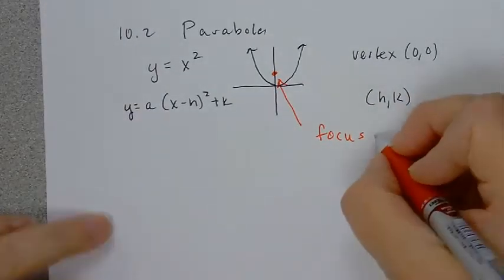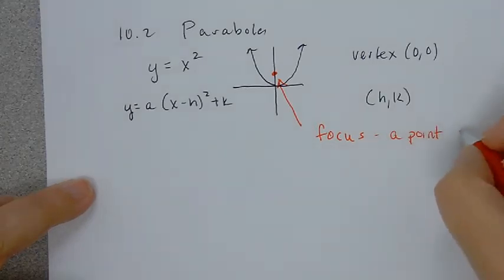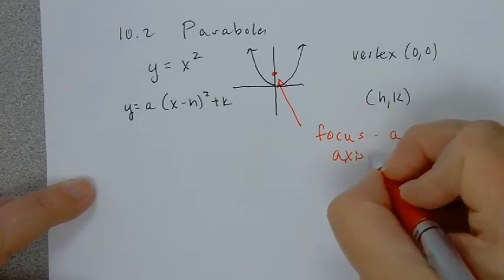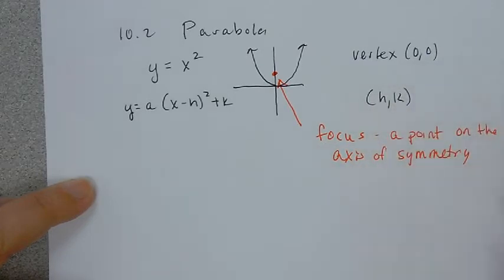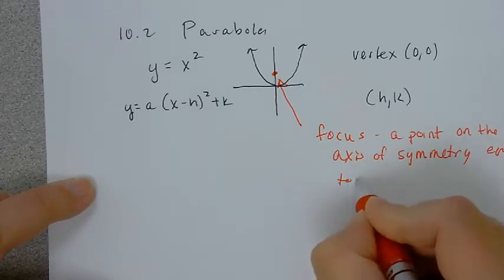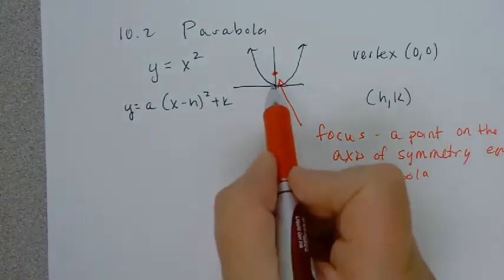And the focus is a point on the axis of symmetry so that it's equidistant to the parabola. So here's what I mean by that.